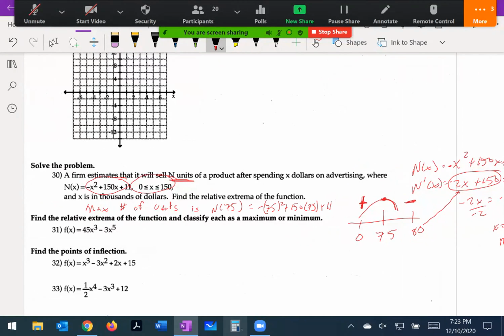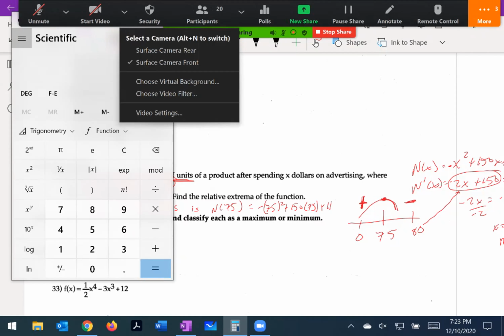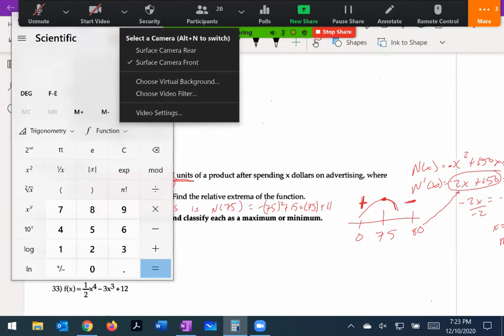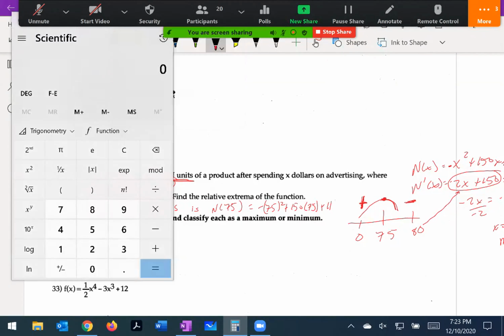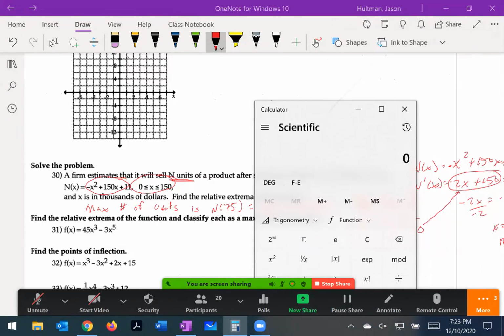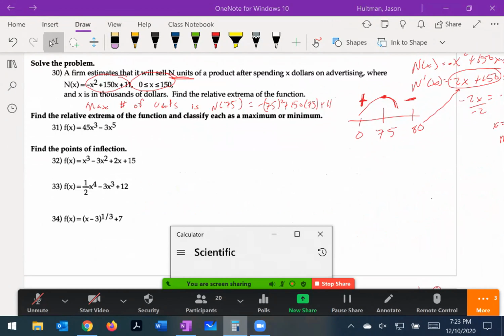Now, if I go to a calculator, don't make the mistake of thinking that this is negative 75 times negative 75. It's not. It's the negative of 75 squared. Let's grab the calculator.